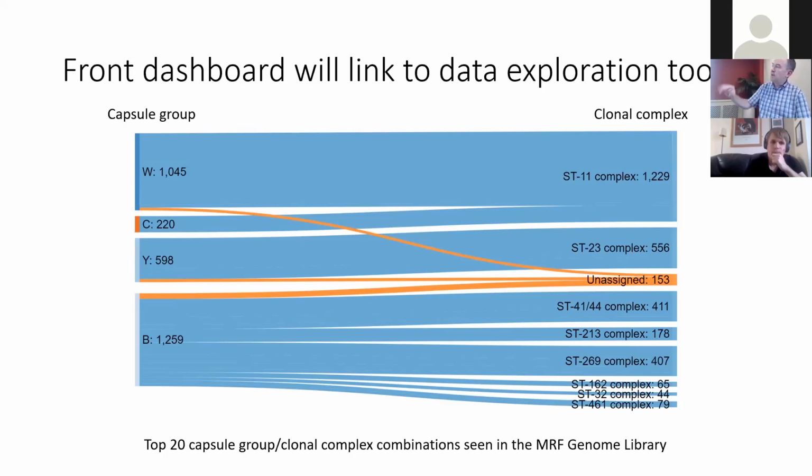And then from that, you'll be able to go into this data exploration page and say, I'm interested in clonal complex, and show this as a Sankey chart, and then you'll get this Sankey representation. This is data from the MRF genome library, but this doesn't exist yet. This is a mock-up. The dashboard itself does exist, but this is coming.